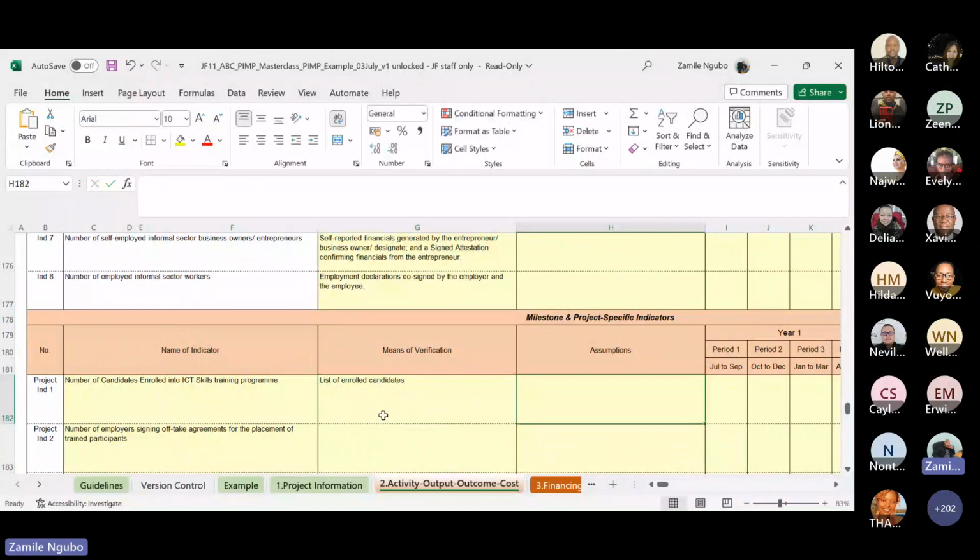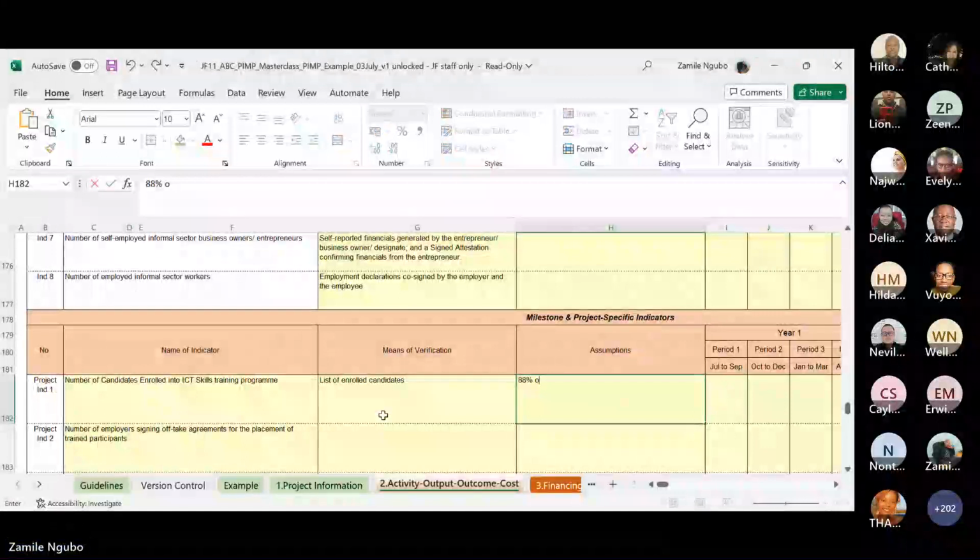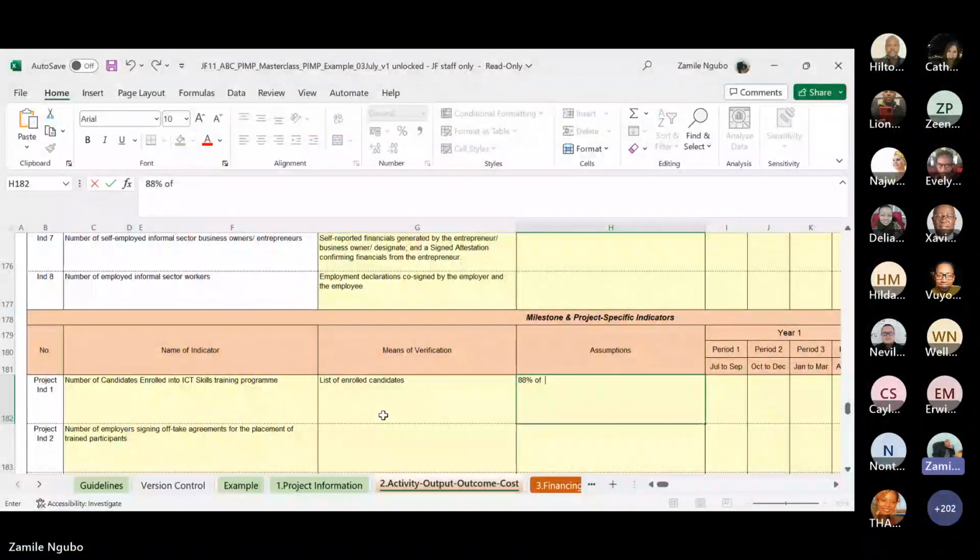So the assumption is 88% of the 570 are tested and meet the aptitude requirements.